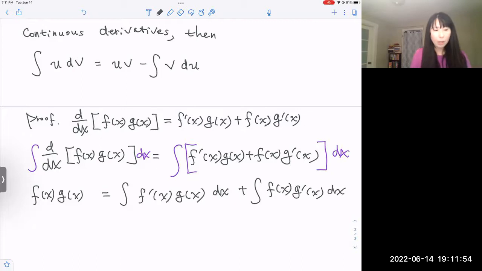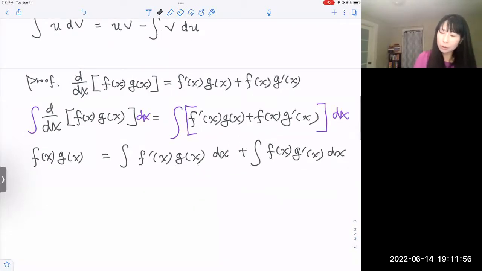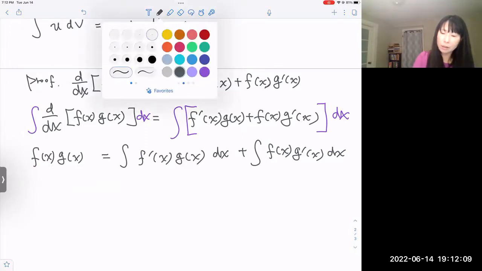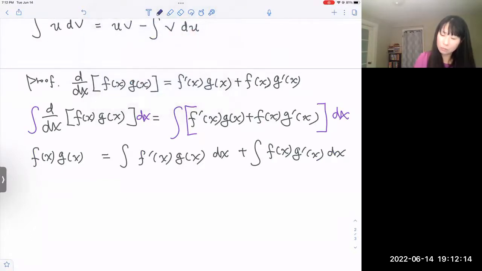All right, now let u equal to, before we do that, let's arrange, okay? So I want to write down this way. So let me subtract f prime of x, g of x, dx, both sides.